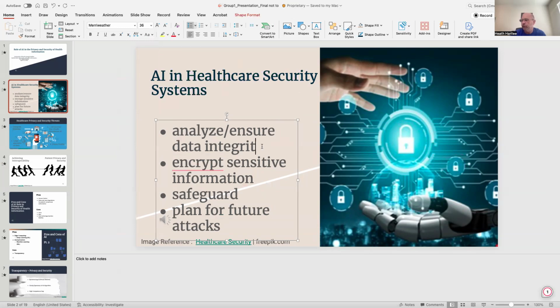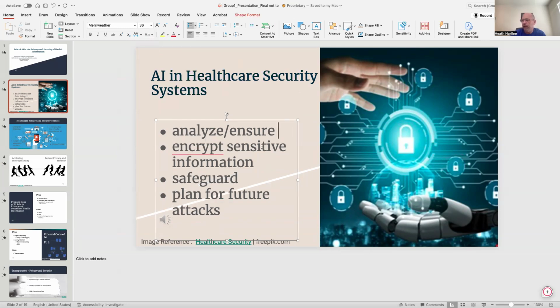You could have put just analyze, and then you could have talked about data integrity, encrypt information, and then you could have spoke on that, right? Safeguard, and then plan for future. And then you could have discussed what you're planning. Are you planning for future attacks and what have you?